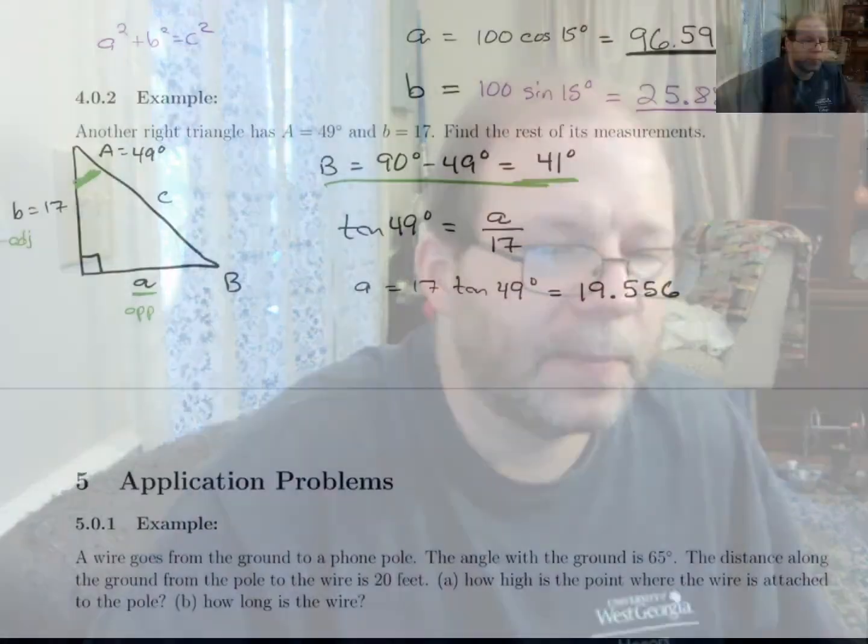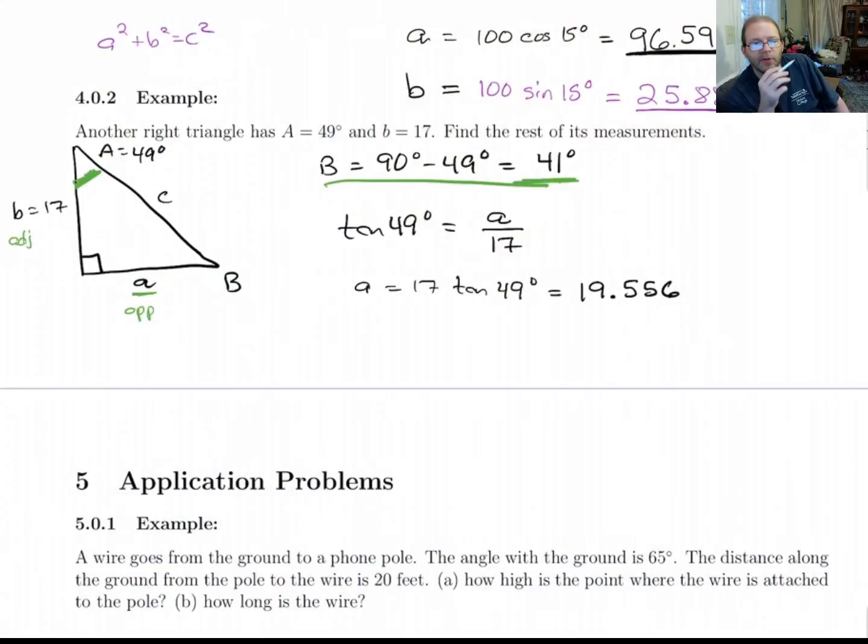So let's round this one to 3 decimal places. 19.556. And then to get C, we could either use the Pythagorean theorem or we could use B and C. I'll tell you what, let's not use the Pythagorean theorem.